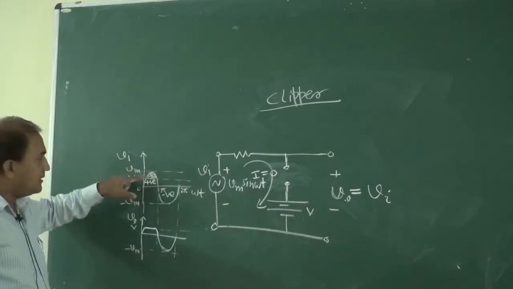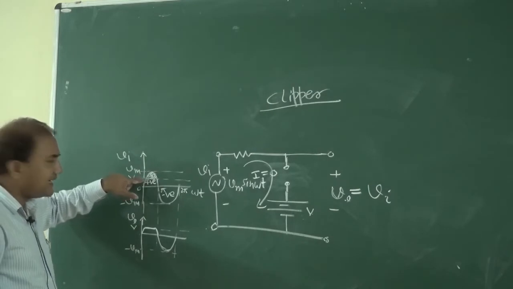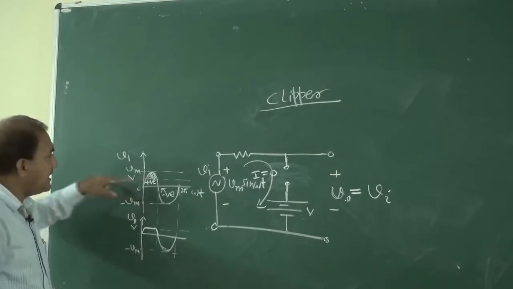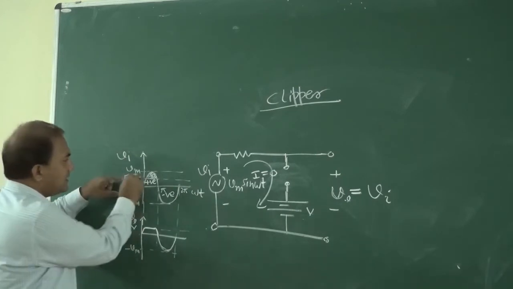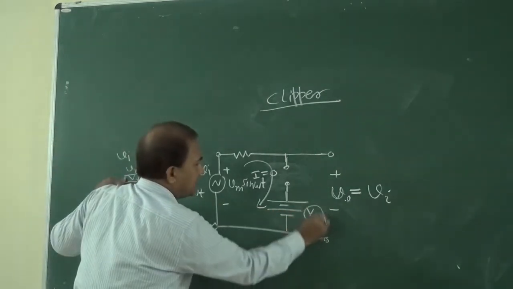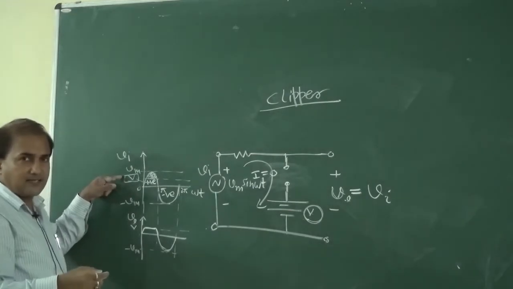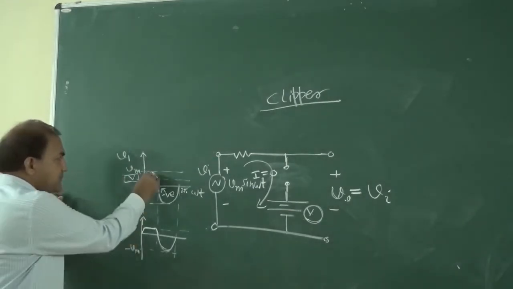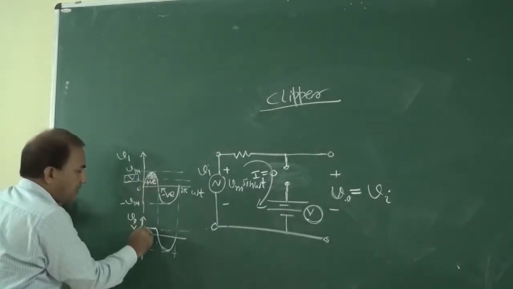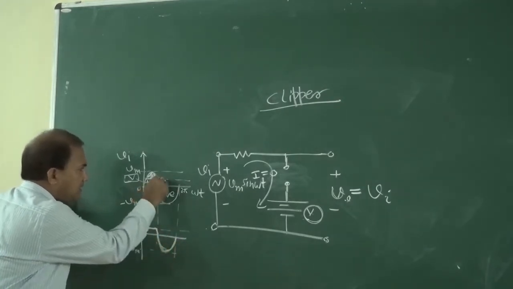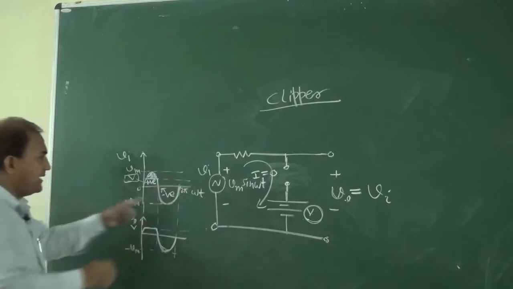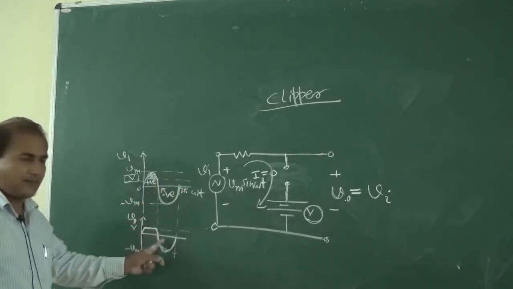Means the input signal above this voltage, this external DC bias voltage, is clipped, and all the other shapes of the waveform remain the same.